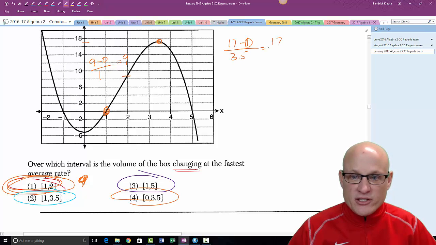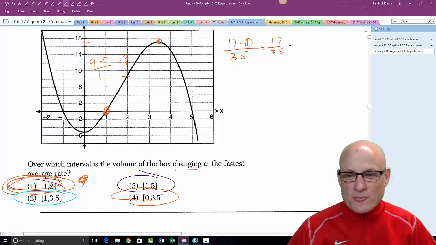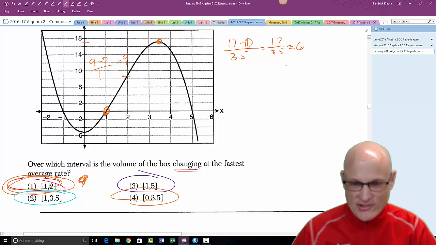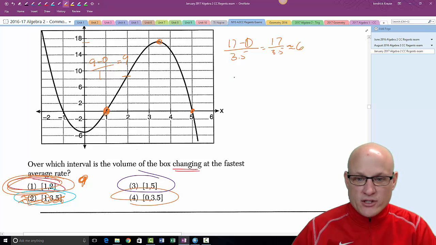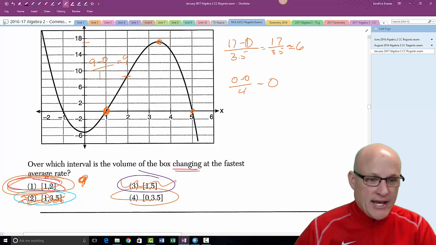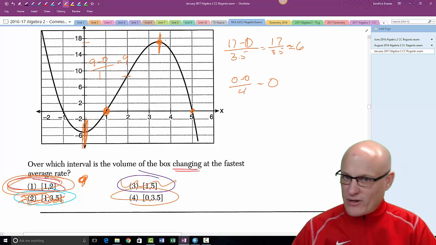Well, that's 17 over 3.5, which is approximately 5, a little less than 6. So that's less already. If I pick from here to here, the change in y's is 0 minus 0 over 4, so that's just 0. That certainly isn't it. And I bet most kids pick from here to here because it's the longest line. Remember, we're not looking for the longest line, we're looking for the steepest.